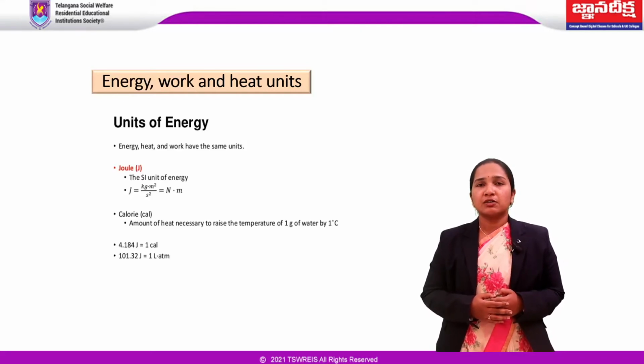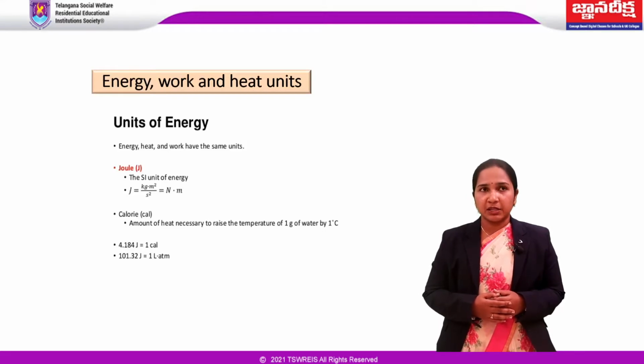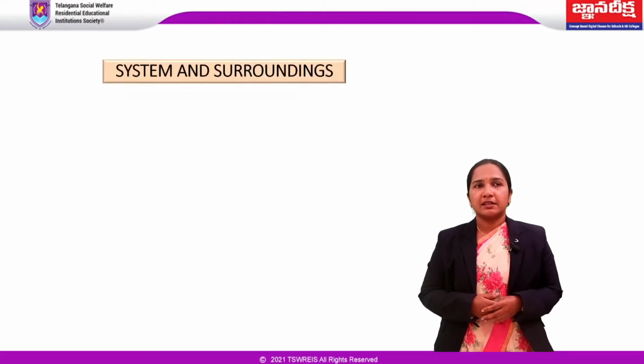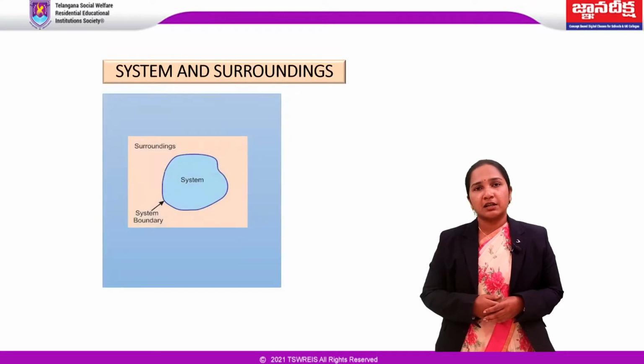Before studying the laws of thermodynamics and their applications, it is important to understand the meaning of a few terms used frequently in thermodynamics. The universe is divided into 2 parts, the system and the surroundings. System is the part of the universe which is under thermodynamic consideration. It is separated from the rest of the universe by real and imaginary boundaries.